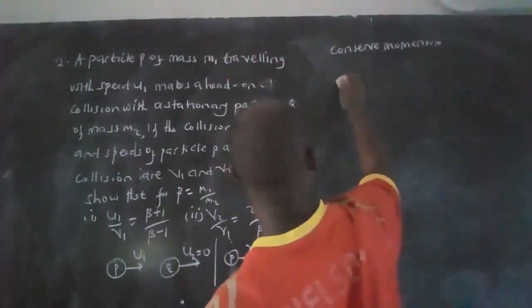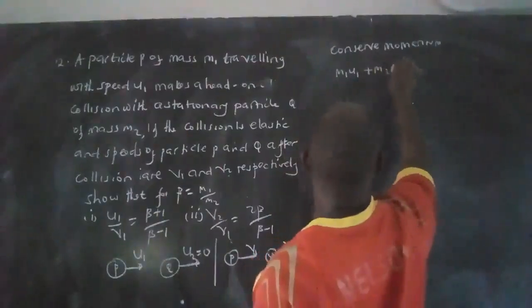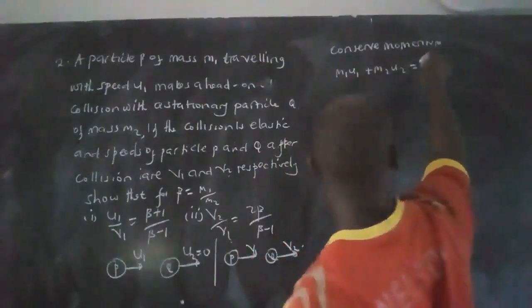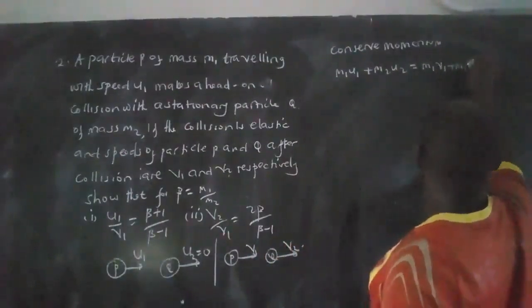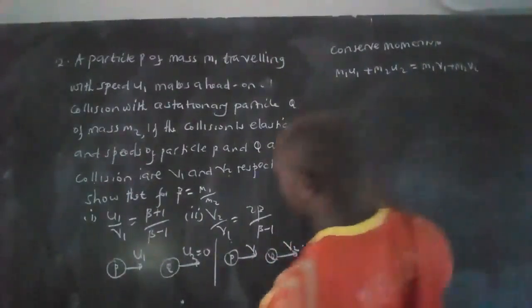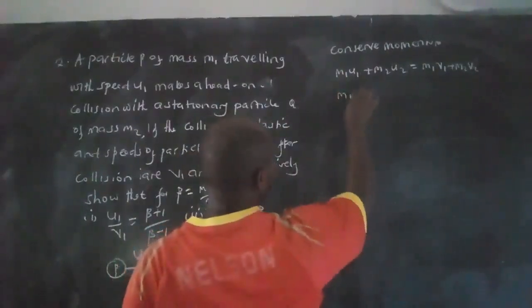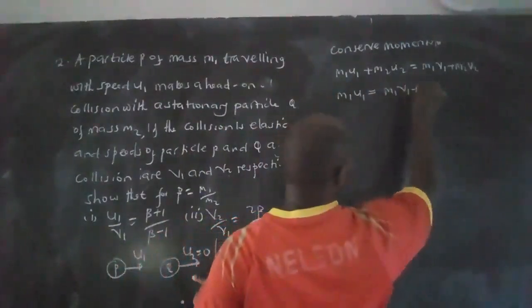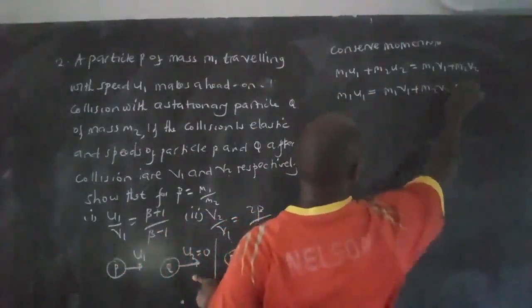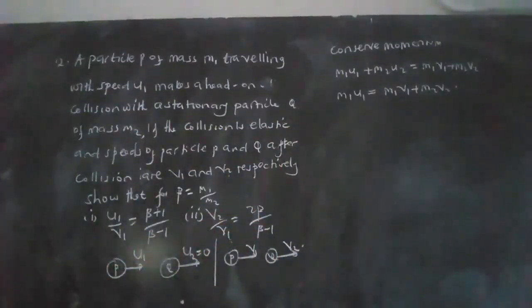So we shall now have m1 u1 plus m2 u2 is equal to m1 v1 plus m2 v2. But this one was stationary, so we shall have m1 u1 is equal to m1 v1 plus m2 v2. Now from here we are eliminating v2, we don't need v2 here.